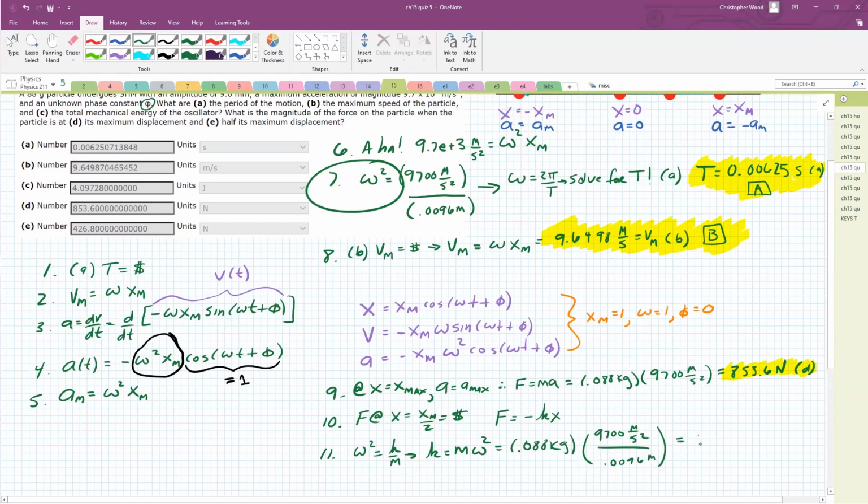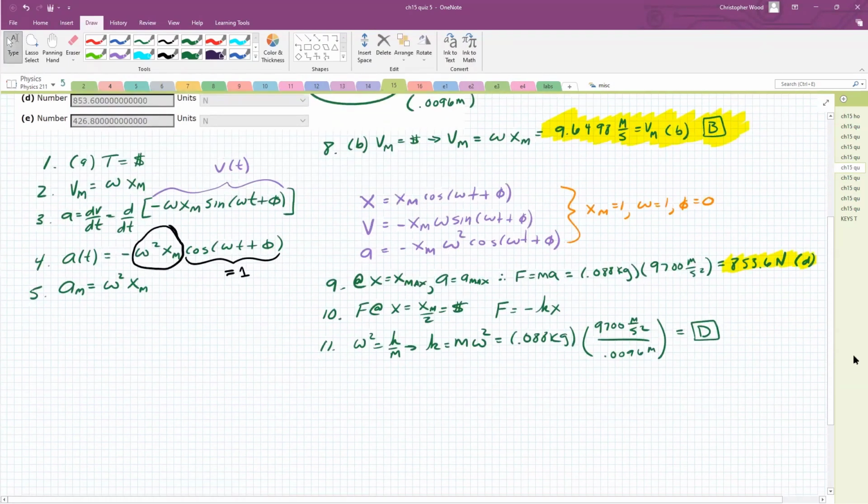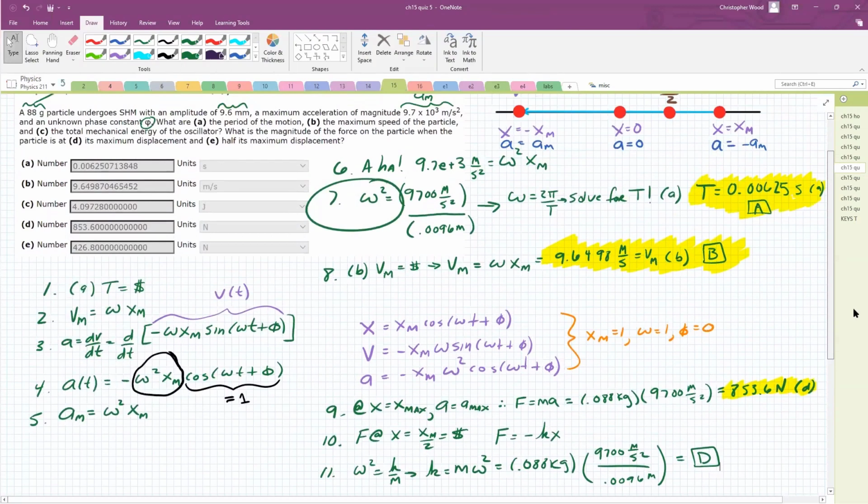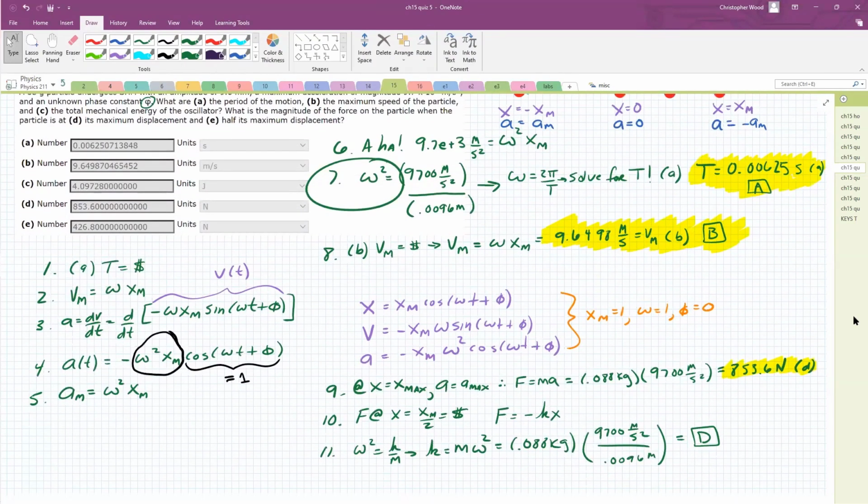I'll put that in memory location D. 0.088, just double checking, times omega squared times 9,700 divided by 0.0096, store alpha D.